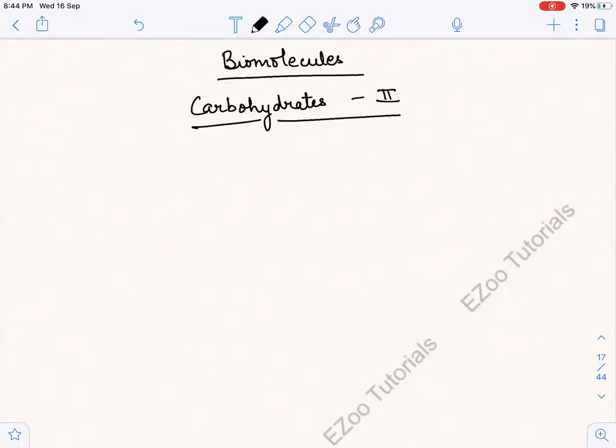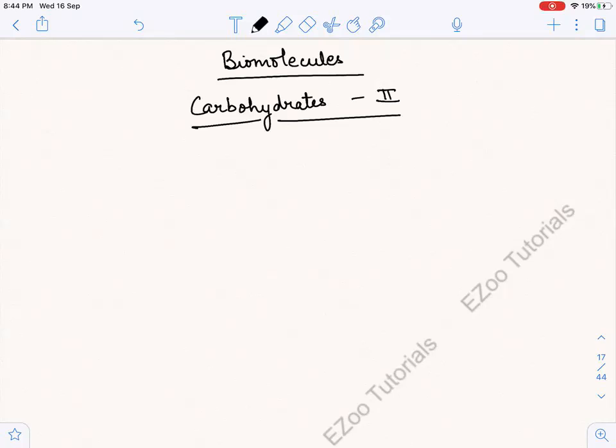What do you mean by optically active, and how do you find the chiral carbon, the classification, in one small video. So I'm devoting this whole class to very small concepts which I think you get confused about.